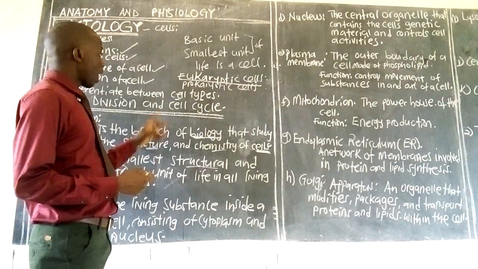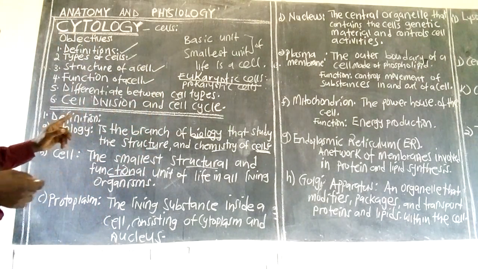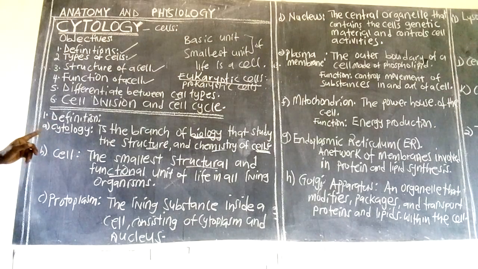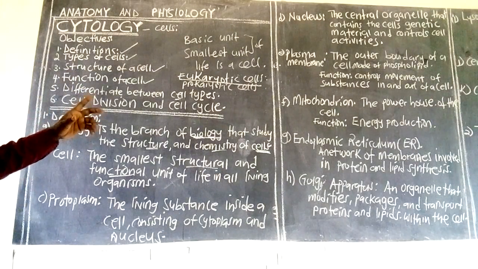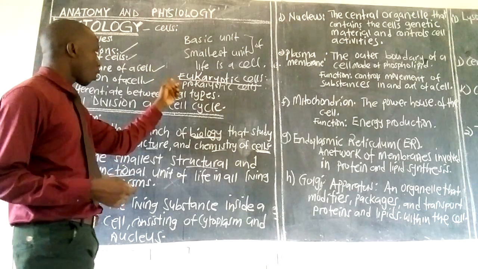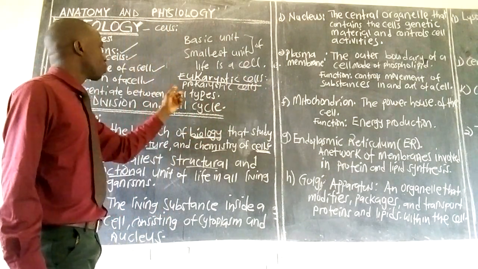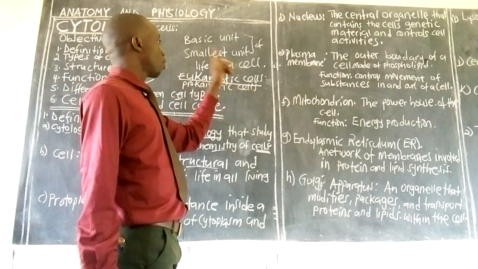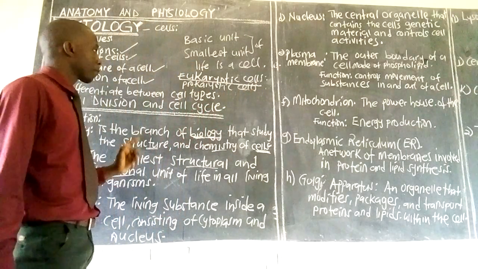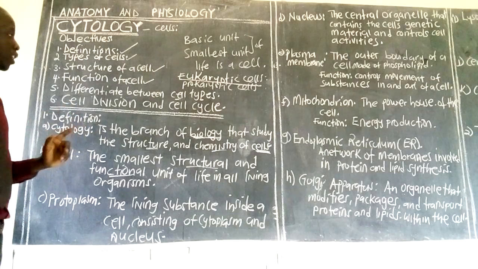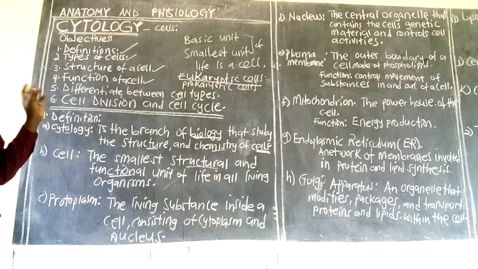So, as we look at the structure of the cell, we want to appreciate how a eukaryotic cell looks like, how a prokaryotic cell looks like. Like I've said, we have two types of cells.